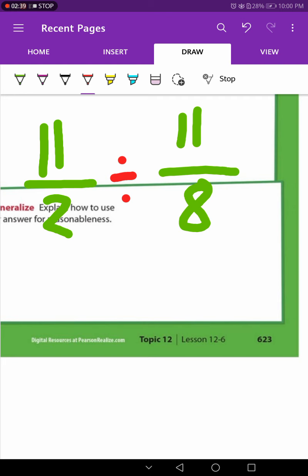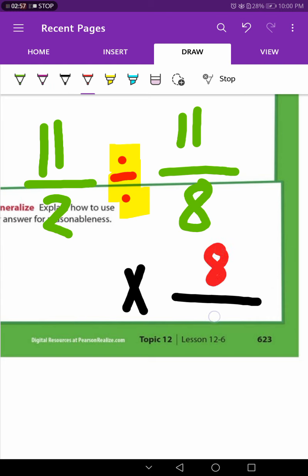Okay, let me change the color now. Now the division we convert to multiplication, and the 11/8, we find the reciprocal of 11/8. It will be, yes, 8/11. Why? Because we convert division to multiplication, and this is not free, you know.